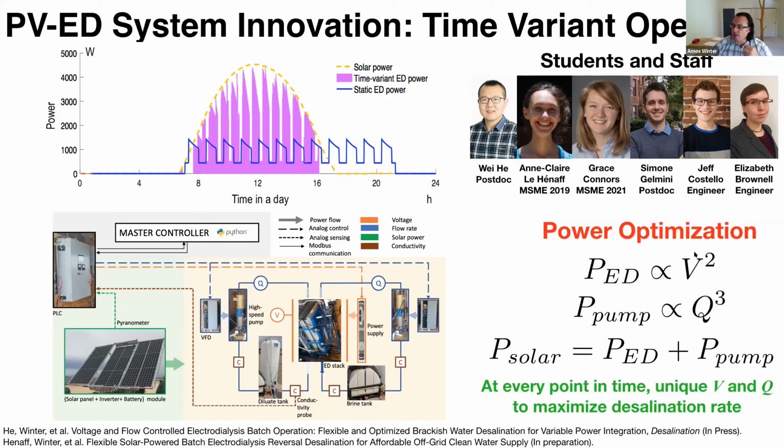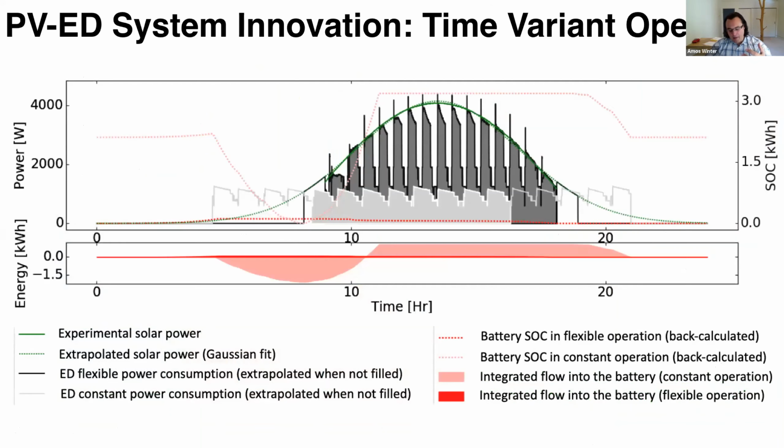So these are two very sensitive variables that we can manipulate throughout the day to make sure the sum of ED power and pumping power always equals our available solar power. And at every point of available power, there is a unique solution of voltage and flow rate to maximize our desalination rate.